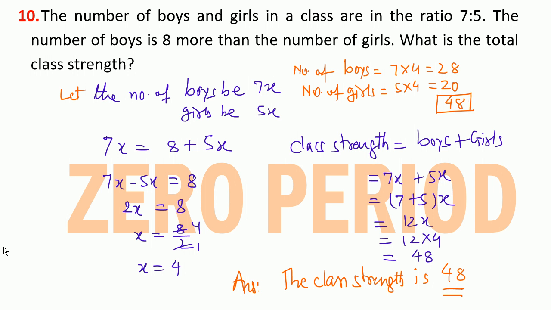So you can use either of these methods. This is an application of distributive law. I want you to frequently use these types of properties in your exercises. This is the complete solution of this question. Let us move to the next question.